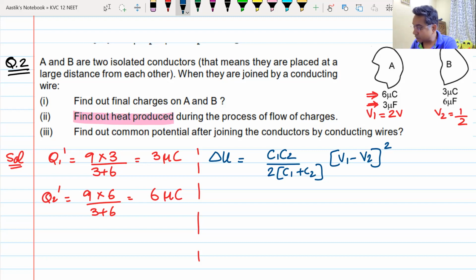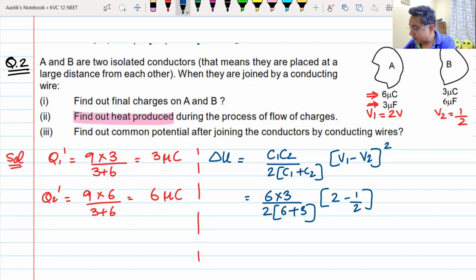Okay. So I can put the values here. C1 C2 is 6 into 3 divided by 2 times 6 plus 3, into V1 is 2 minus half, square. Remember, your answer will come in microjoule.